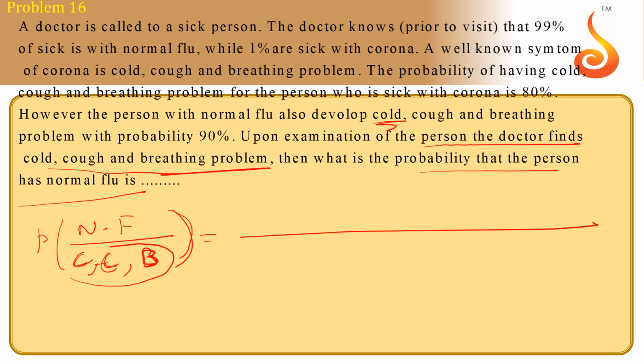So I have to write the total probability now. What is the probability that a person will have cold, cough, breathing problems? Here in this problem we are given only two chances.